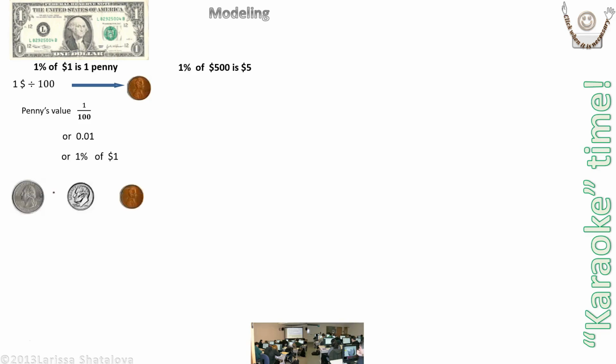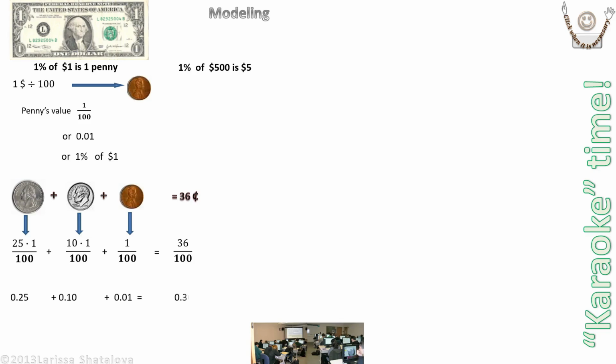Now, if we have a quarter, a dime, and a penny, it will be 36 cents. We can show this as fractions because 25/100 would be the quarter, 10/100 the dime, 1/100 is the penny.